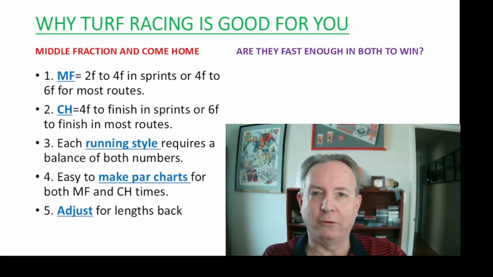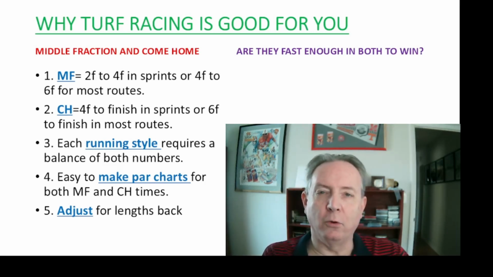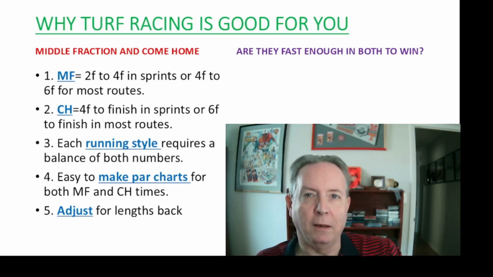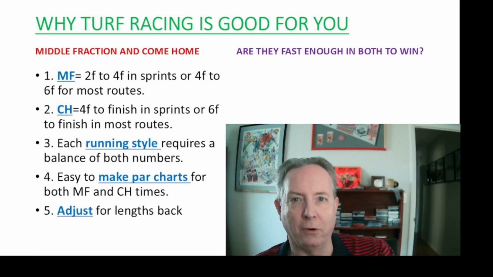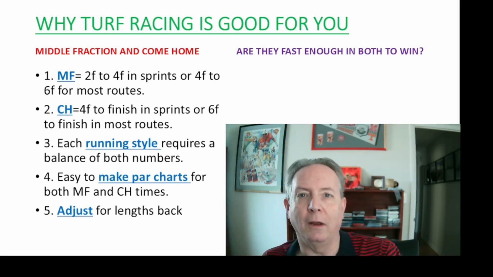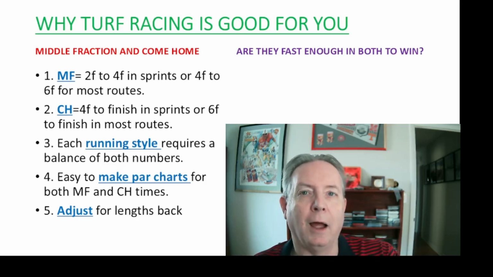A presser needs to be gaining at least 1, 2, 3 lengths between the middle fraction and the final fraction, and the come home time for the deep closers again has to be substantially larger than the middle fraction. And so that's how we get to the par numbers to begin with, and in further exercises within these videos we'll talk about how to really apply them in real time.